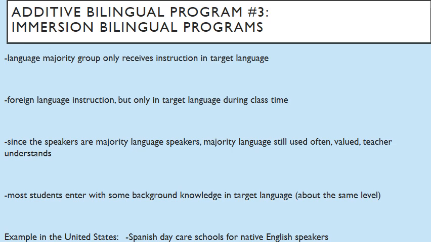The majority language, like I mentioned before, is still valued. The teacher understands the majority language, and the teacher will use the majority language to provide support for the students.